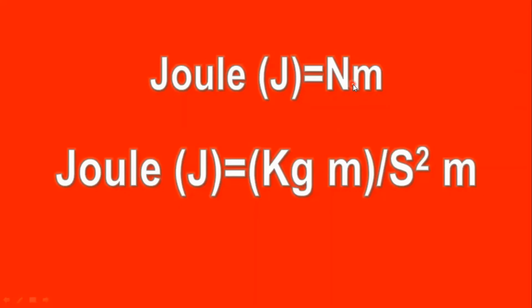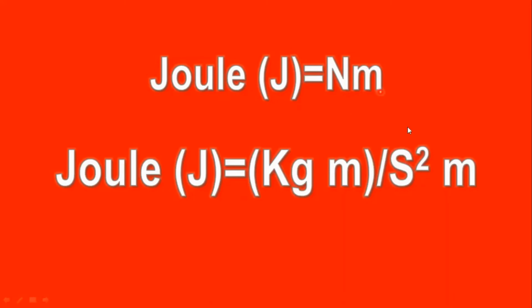If a force is applied on a body and it moves, what we can say, the force. Now Newton is force, and you know that force is F = ma. So once again, F is the force, m is in kilograms, and a is the acceleration.